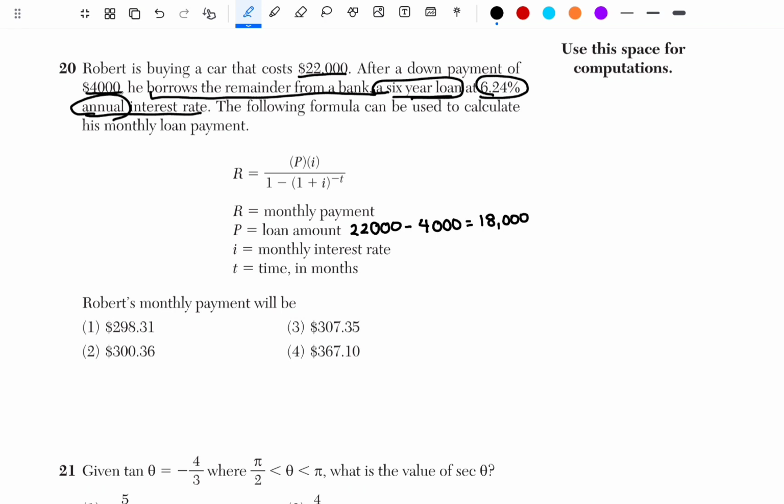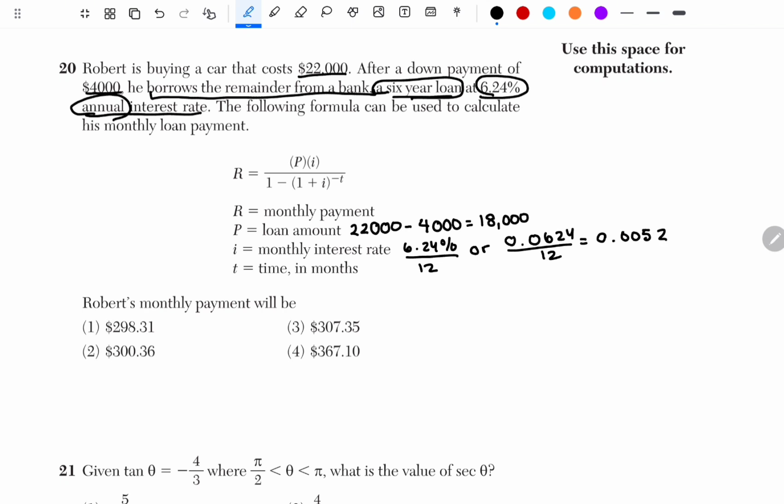So to make it monthly, we're going to do 6.24% divided by 12, or technically 0.0624 divided by 12, which is going to give us 0.0052 as our monthly interest rate.